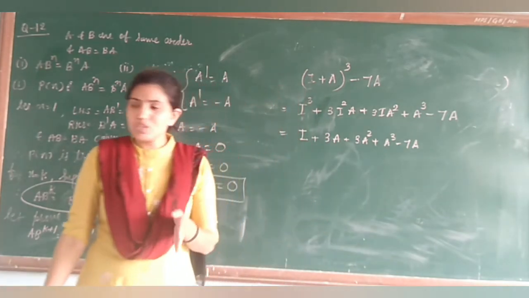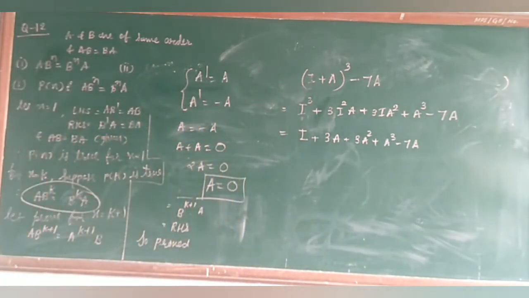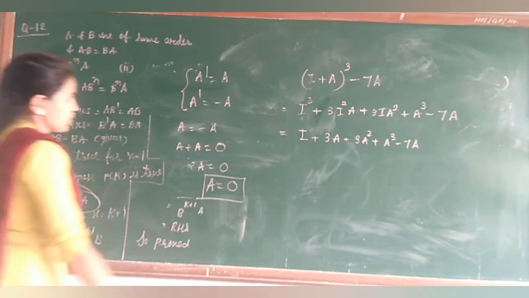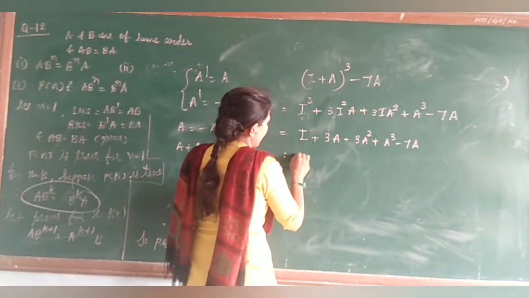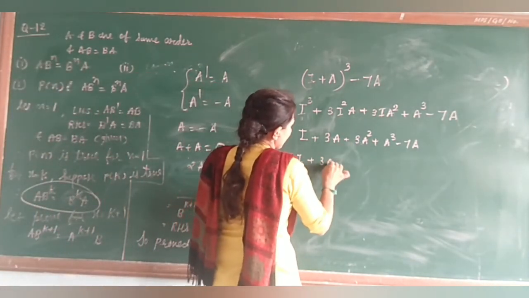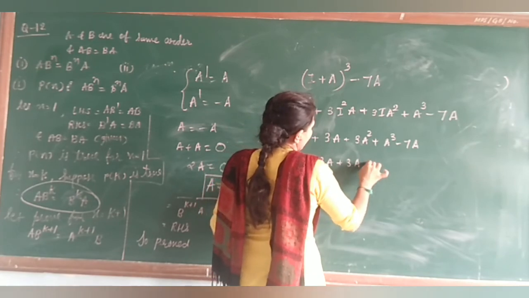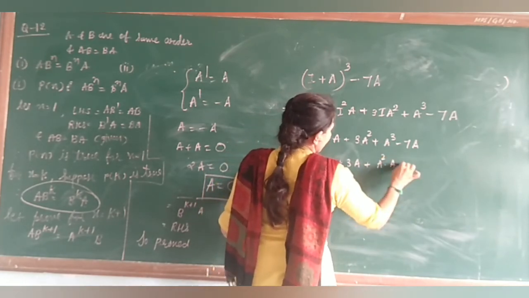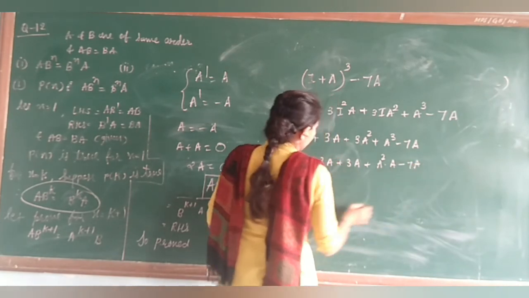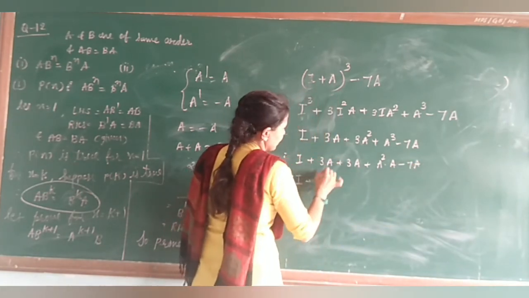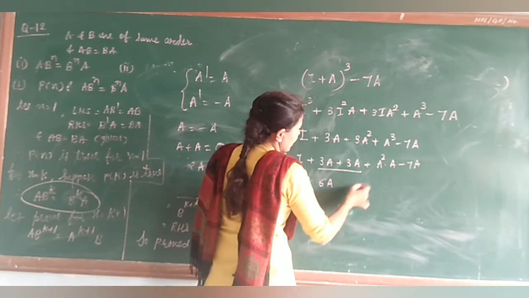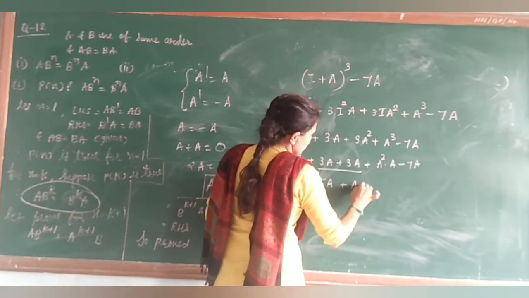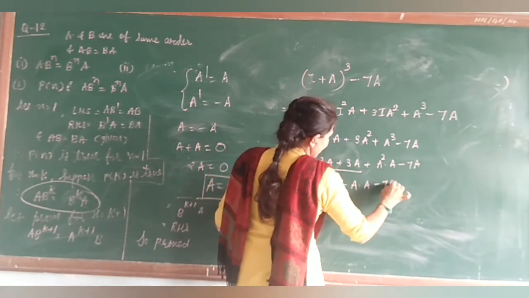Now in the question they have given that A square is equal to A. So the answer for A square is A, so this is 3A plus 3A plus A cube, which can be written as A square into A, minus 7A. So here I, 3 plus 3 is 6A, and A square is equal to A into A, minus 7A.